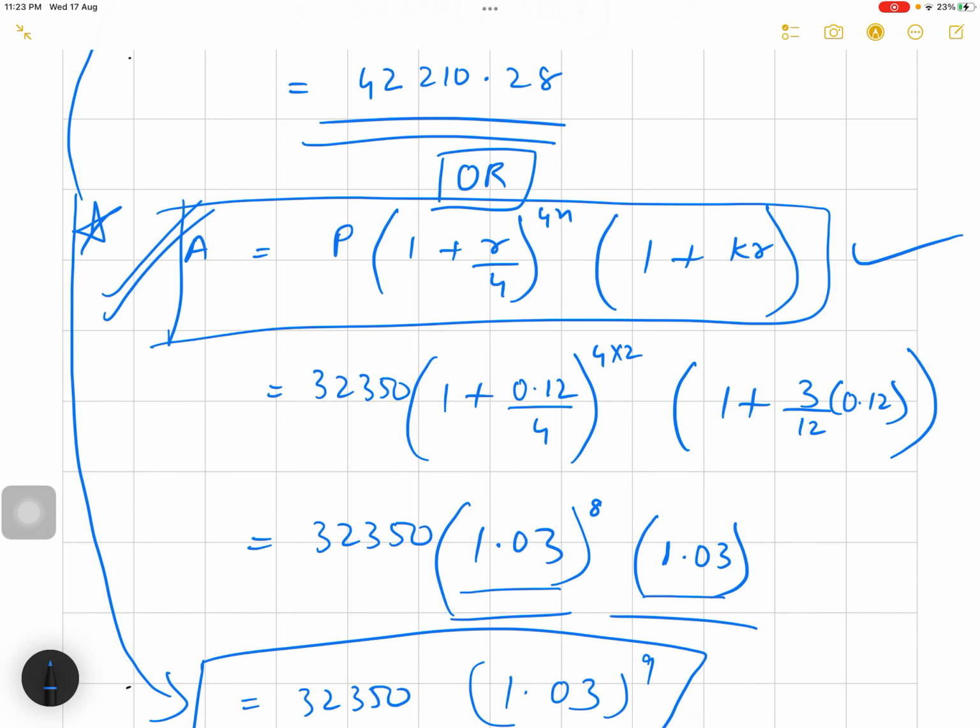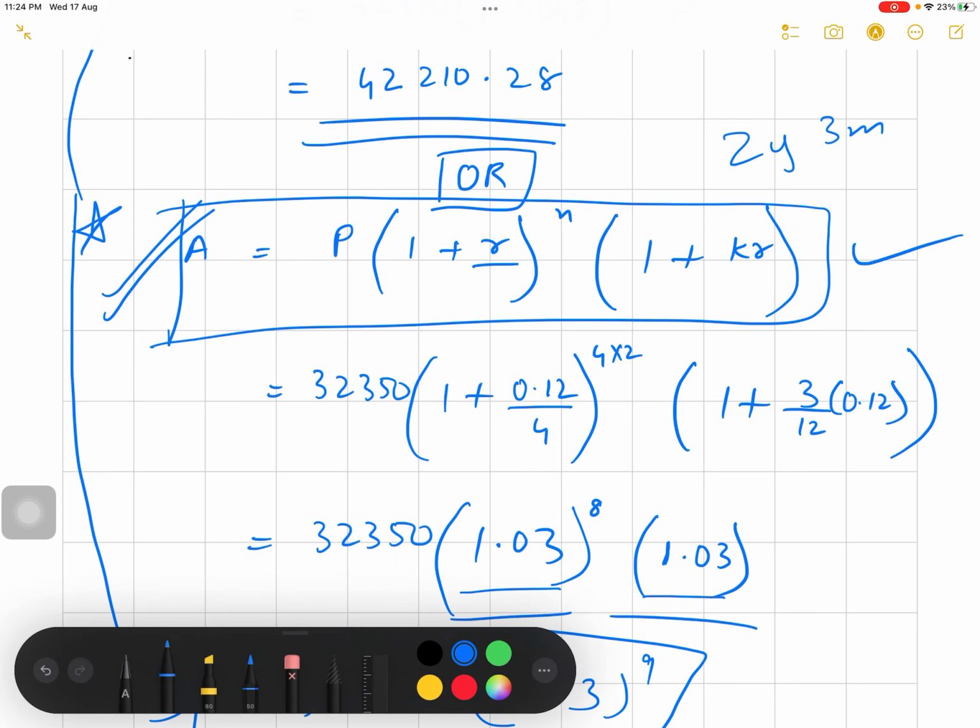Suppose interest is calculated monthly, and the period is 2 years 3 months. What would you have done? Here you would have done divide by 12 multiplied by 12.